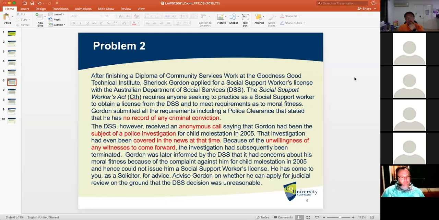Illogicality and irrationality. It could be said this is an irrational decision because it was an anonymous call from someone who doesn't want to be identified, and also it relied on media reports such as news. I don't know where the unwillingness of any witness to come forward is coming from, but there is no supporting evidence.